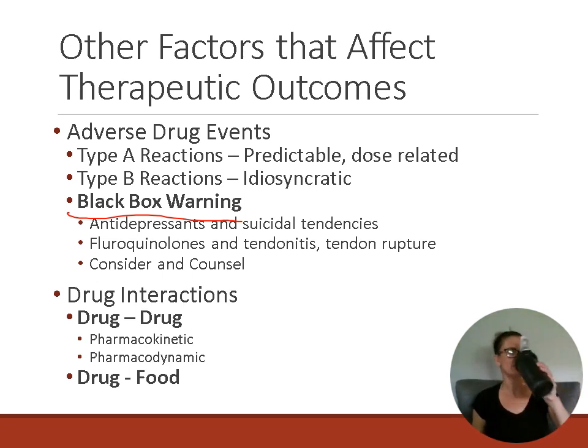Pharmacodynamic interactions occur when two drugs work at the same site. So when two drugs bind to the same receptor, or when two drugs have a similar effect in the body.